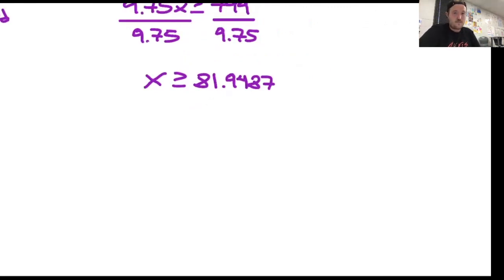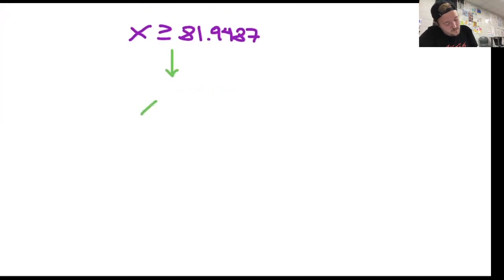Whenever you're working, we don't account for these values. So what this actually translates to is, because we need to work more, what we do here is we essentially round up. So x greater than or equal to 82.